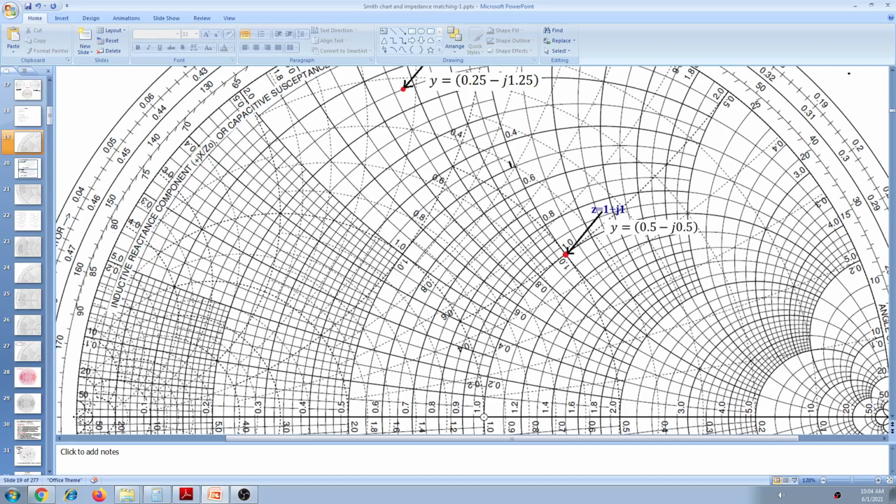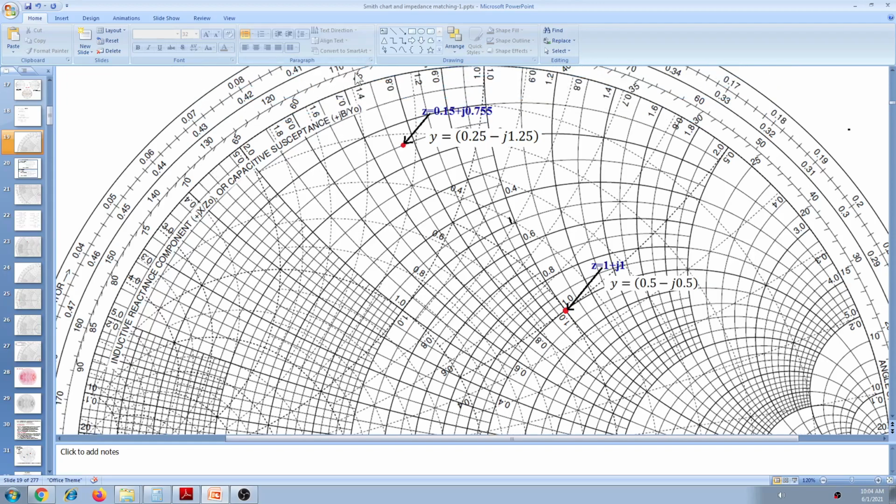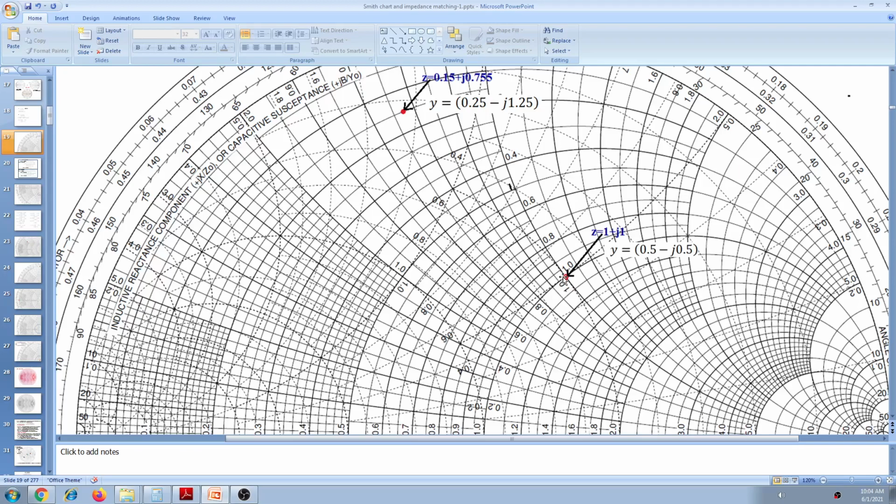From here, this is x equal to 0, 0.1, 0.2, 0.3, 0.4, 0.5. Similarly, if you come here, it is 0.8, and 1 is here, the reactance circle of 1. You move over this, the reactance circle intersects here, you mark it, and that is 1 plus 1j. We got this as a point.